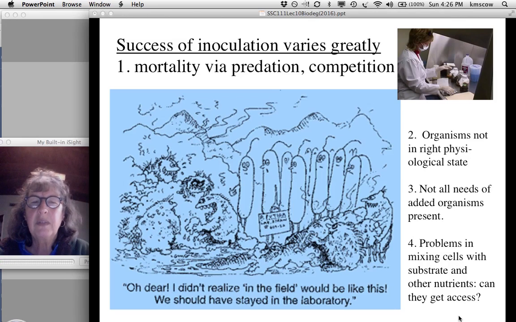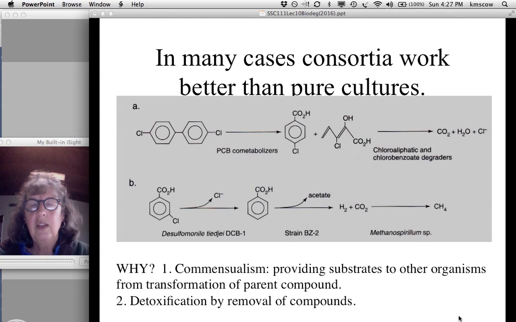How do you mix, particularly in soil, the cells of your inoculum into the places where the contaminant is and where it can get access to the other things it needs to carry out the reaction? So it's tricky in a bioremediation context to get inoculation to work.